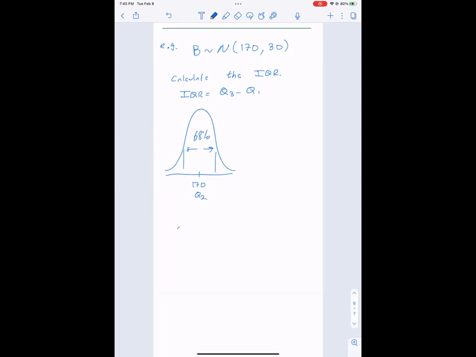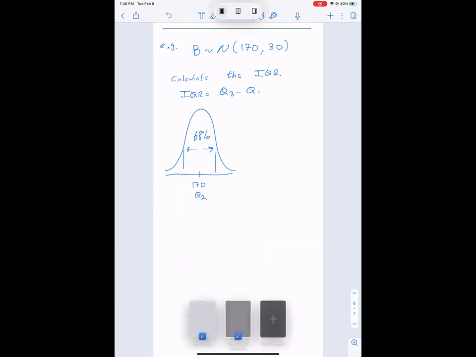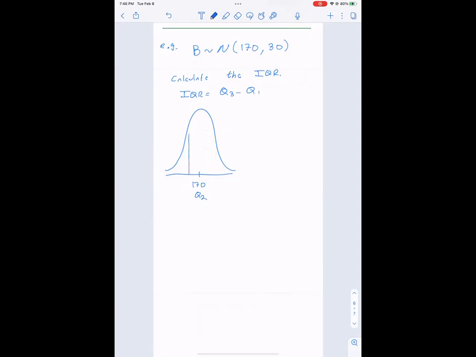If you make a box plot, isn't this 25%, 25%, 25%, 25%? So the IQR should represent the middle 50%. But what you're giving me right now is the middle 68%. I don't want the middle 68%. I want the middle 50%. So I want something more like this, the middle 50%.